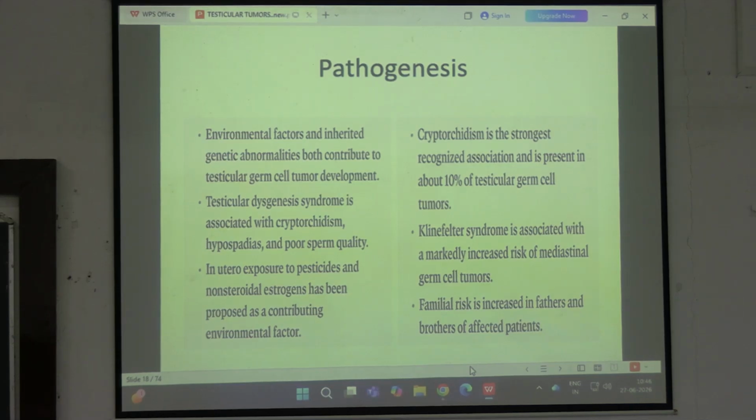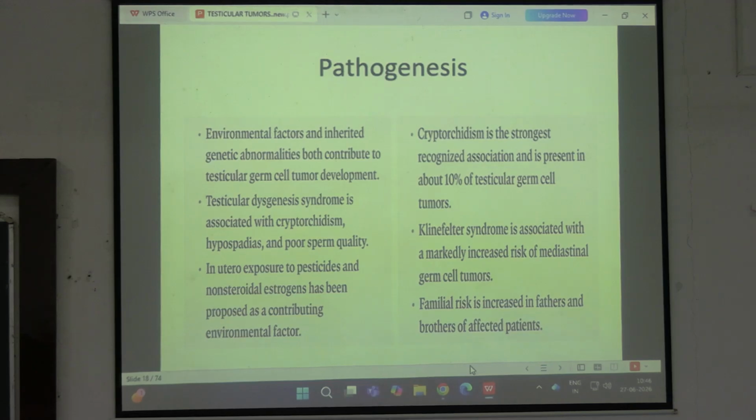We have already discussed Klinefelter. And again, familial risk factors: especially first degree relatives, if an individual's father has it, then they have maybe 4 to 5% chance of developing it. And if the siblings have it, the chance is almost double, about 10% chance of developing these testicular tumors.